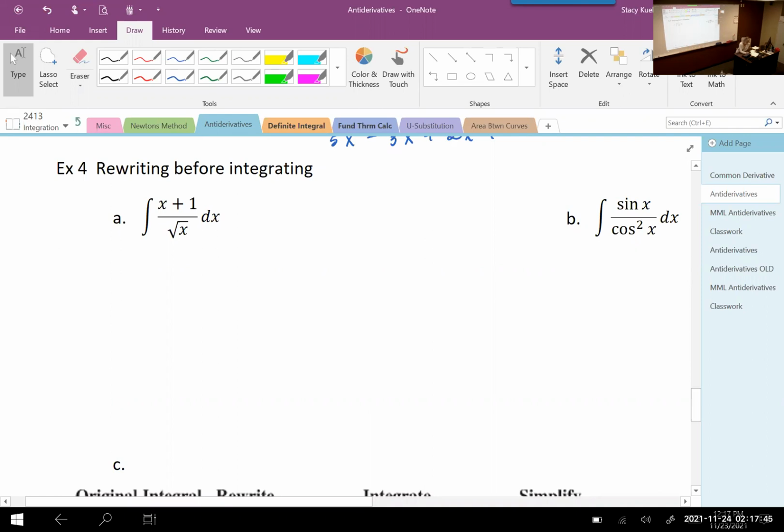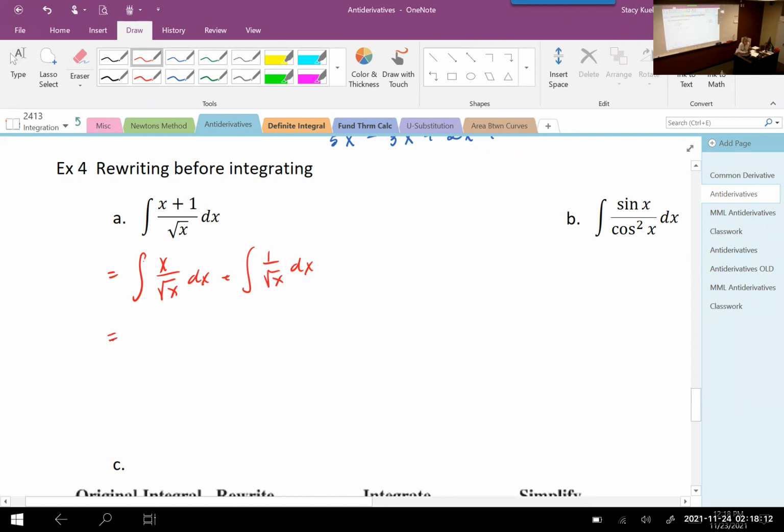Okay. First thing that we're going to do is we're going to rewrite this. So there's a single value in the base, right? In the denominator, there's a single variable. So I could rewrite this as the integral of x over the square root of x dx plus the integral of 1 over the square root of x dx.